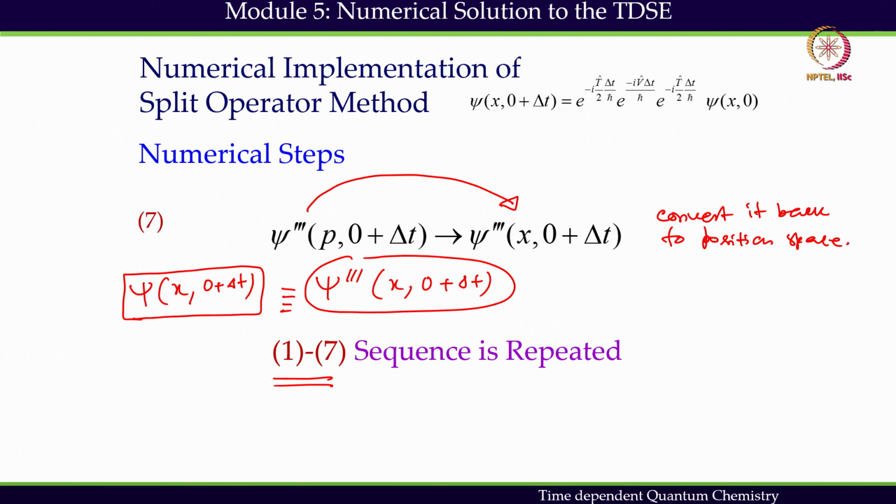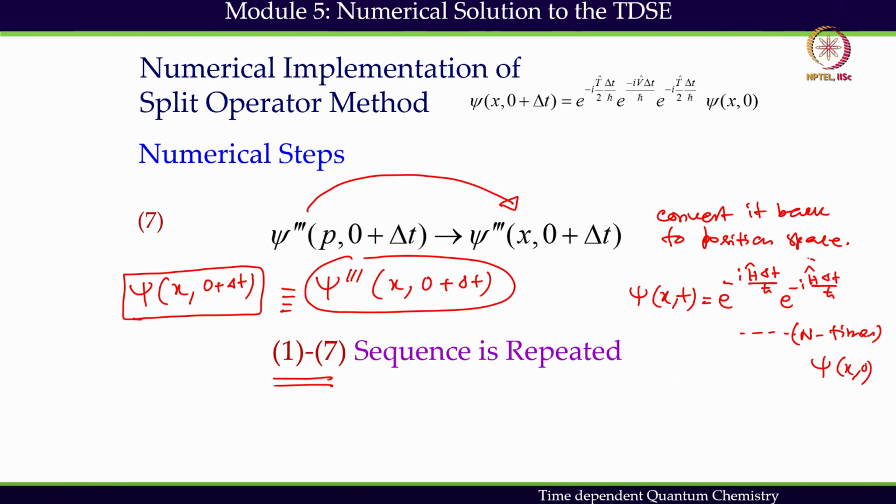getting my desired time. Why do I need to repeat? Because in the end I have represented already that the final wave function at a particular time t is nothing but the product of this small step propagator, e to the power i delta t by h cut, then e to the power minus i delta t by h cut, n times I have to make the product, and then you multiply by psi at x0.